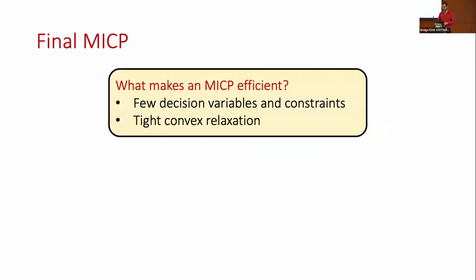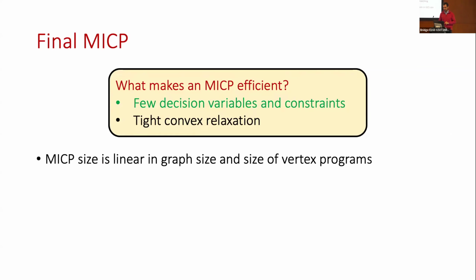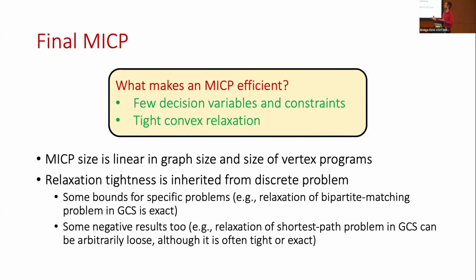So this essentially is the amount of technical detail I would like to give you about how we solve these problems. The good news is that we get these mixed integer convex programs at the end of the day that have few decision variables. They have essentially linear size in the graph size and the size of the optimization problems at the GCS vertices.